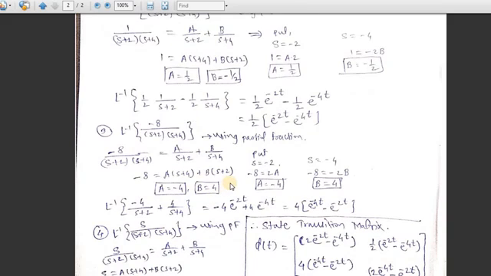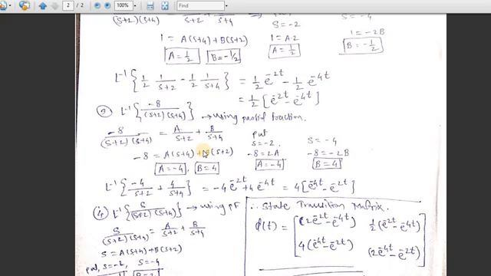So in the equation it is going to be minus 4 by (s+2) plus 4 by (s+4). Taking 4 as a common factor, the inverse will be 4 times (e^(-4t) minus e^(-2t)).